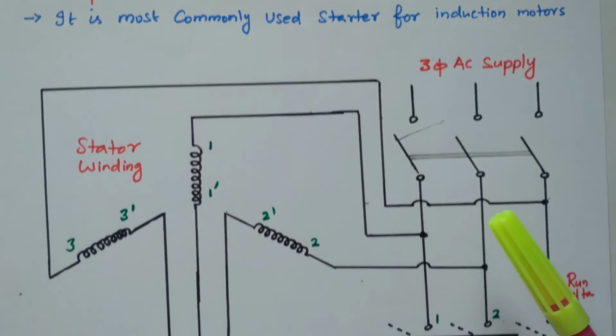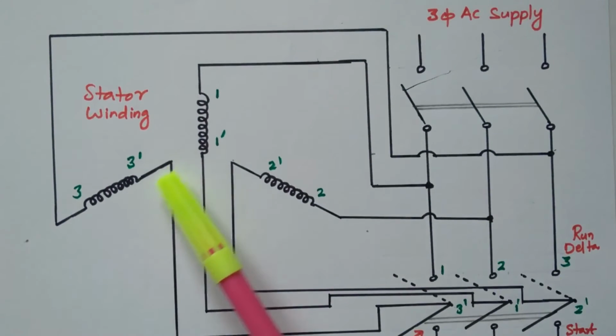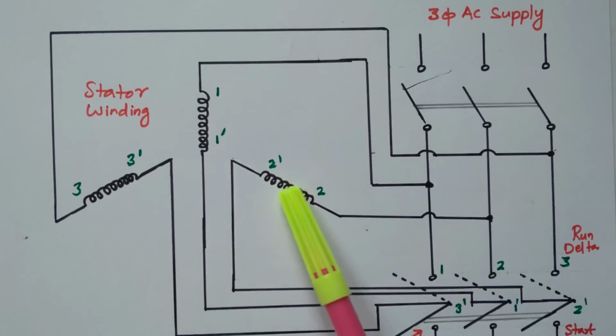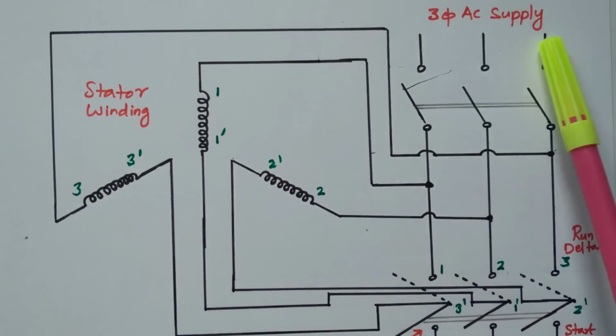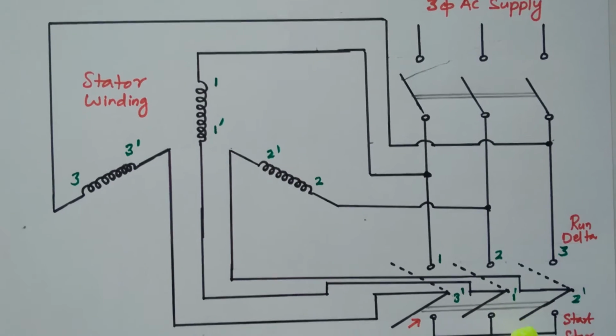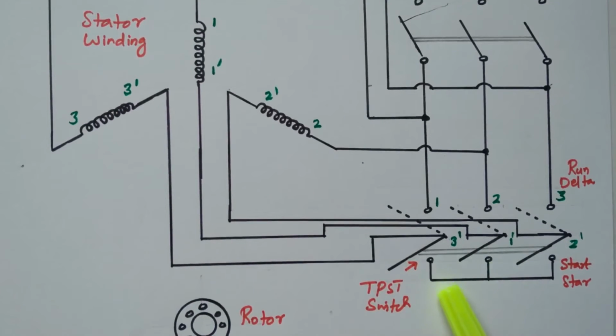Now we will refer to the diagram. So this is the stator winding. Stator winding, right? 1 1 dash is one phase, 2 2 dash another phase, 3 3 dash the third phase. So here the 3 phase AC supply is available. Here the changeover switch, a TPST switch, is available. One side of it is connected for the star connection.